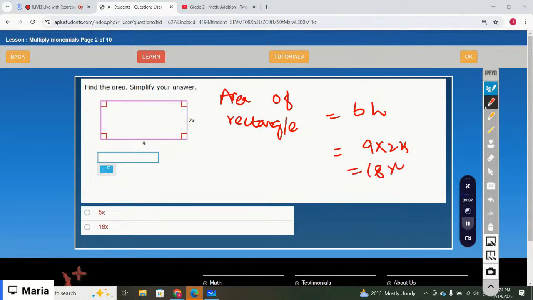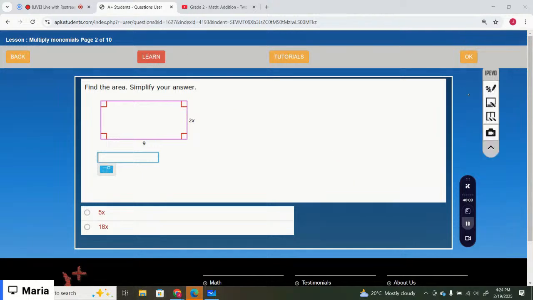That is 18x. Option number 2 is the correct option.